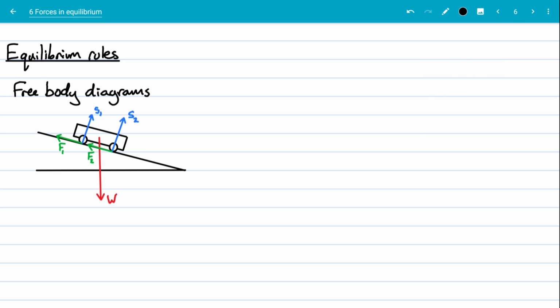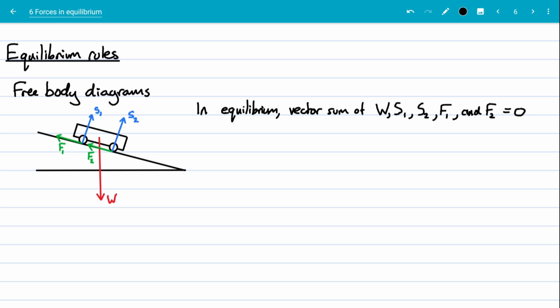So we could say the vector sum of W, S1, S2, F1 and F2 will be equal to 0.